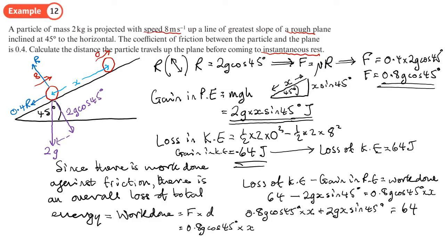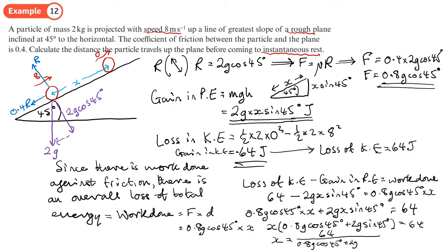If I make x the subject, I'll have 0.8 g cos 45 plus 2g sine 45, and I suppose I could have simplified this earlier, equals 64. So x is going to equal 64 divided by all that stuff I've just written, 0.8 g cos 45 plus 2g sine 45.